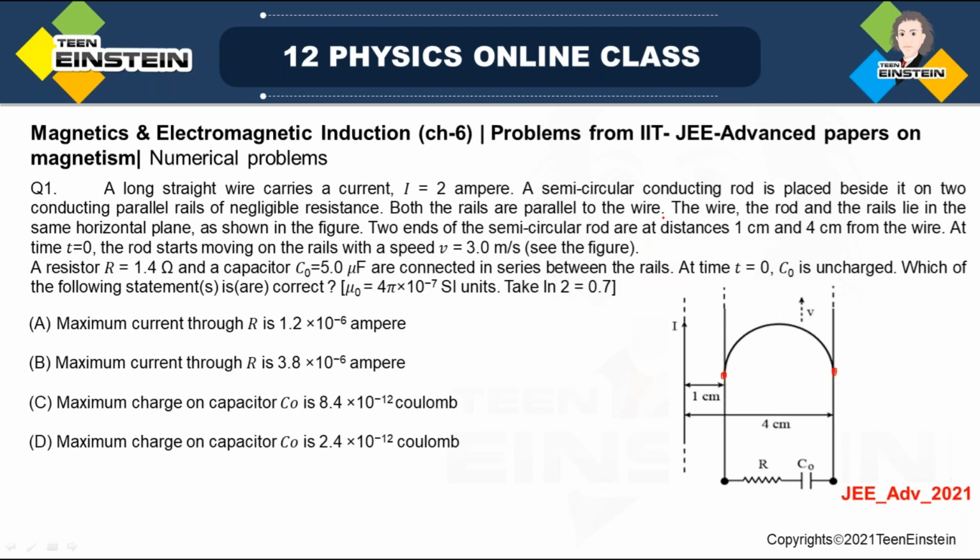Both the rails are parallel to the wire. The wire, the rod and the rail all lie in the same horizontal plane as shown in the figure. As you see, two ends of the semicircular rod are at a distance 1 centimeter and 4 centimeter from the wire.